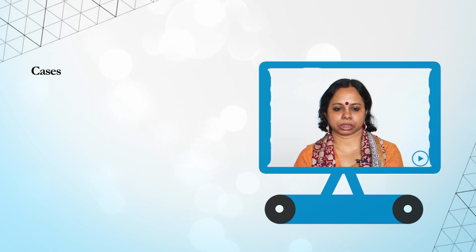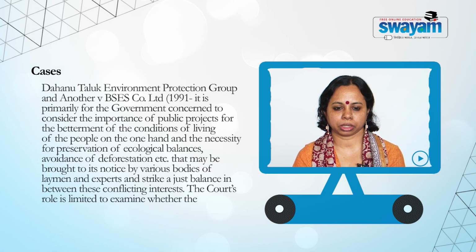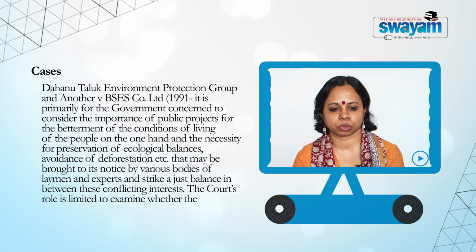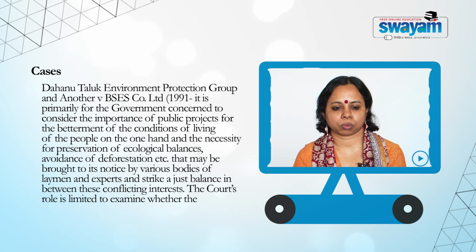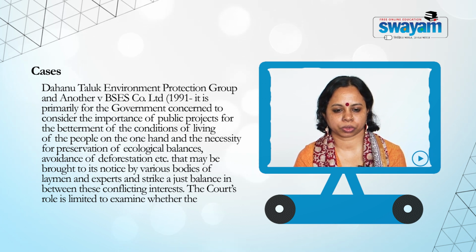In the year 1991, the court was dealing with the Lejano Teluk Environment Protection Group versus BSES company, where the court was looking at the government's initiative when introducing public projects.